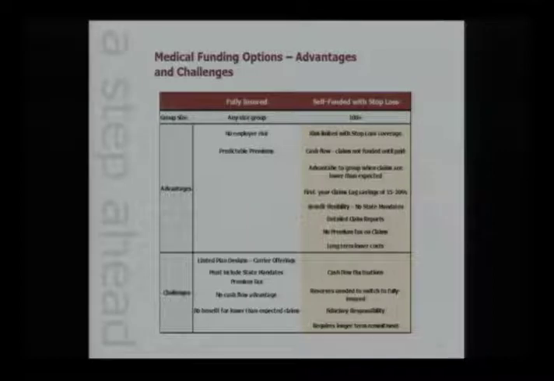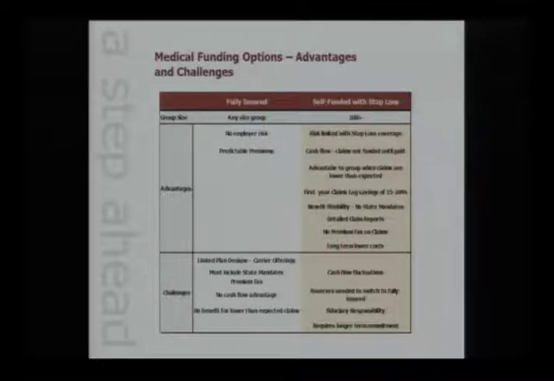And there's some savings in the fact that you don't pay premium tax on the non-fixed items within the cost of the plan. And over a longer period of time, you should have lower cost. You may have a year or two where you may have higher costs than you would under a fully insured plan, but if you look at it over a 5-year period, you should come out ahead.